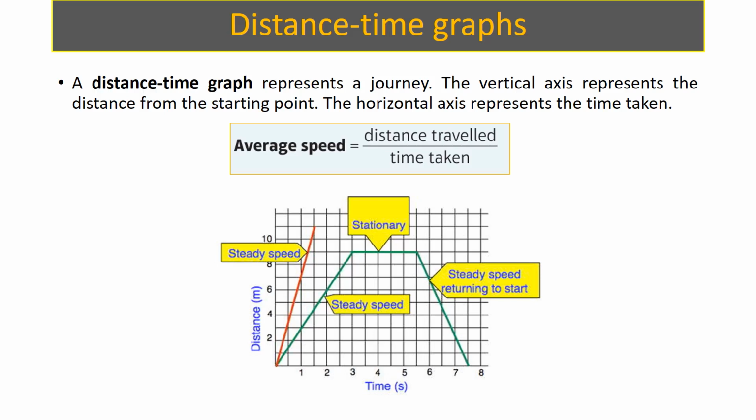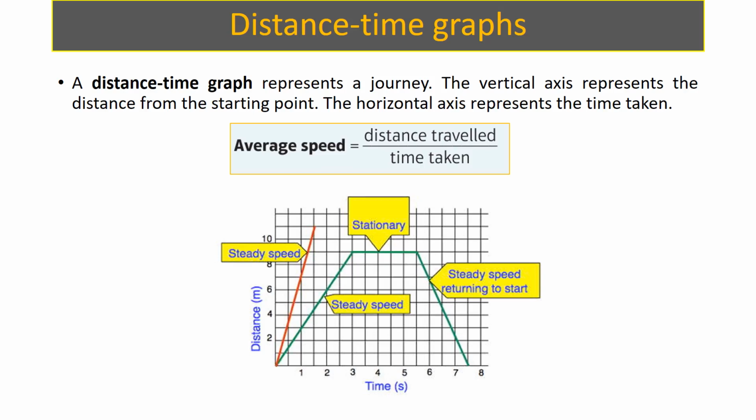When you see a straight line going up, that means that the person started the journey and is traveling somewhere. A straight line means steady speed. Now, the gradient of those lines can be different. So you can see I have the red line, which says steady speed, and then I have a green line, which also says steady speed.